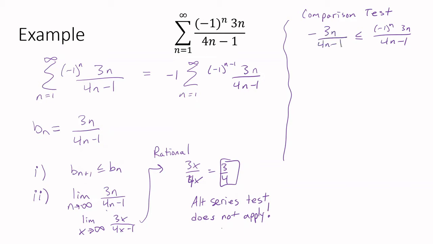At the smallest, you can get negative 1 times 3n over 4n minus 1. That's true, and that's not much to show. You just are using the fact that negative 1 to the n is between negative 1 and 1. And so then what we have to do is figure out what happens to this as a series. So we're interested in this series.